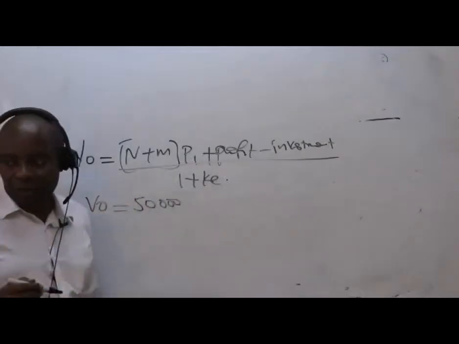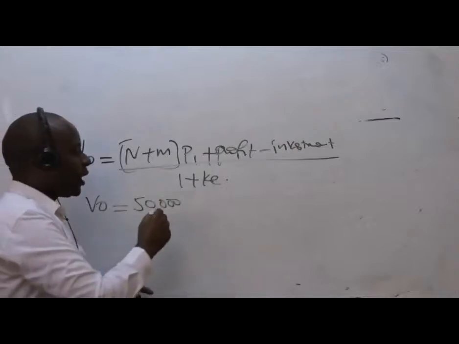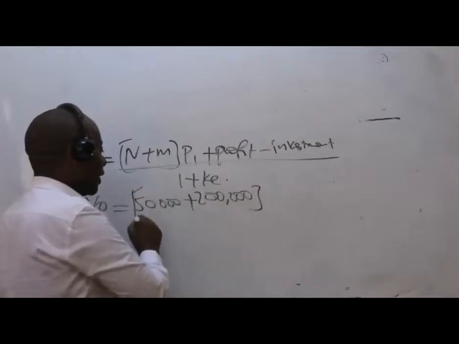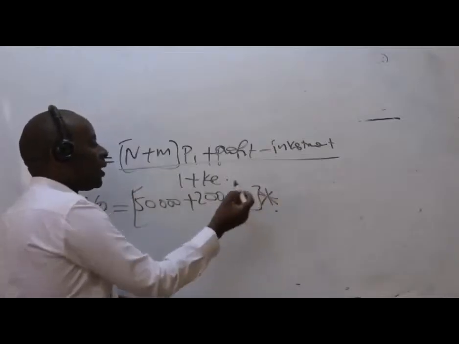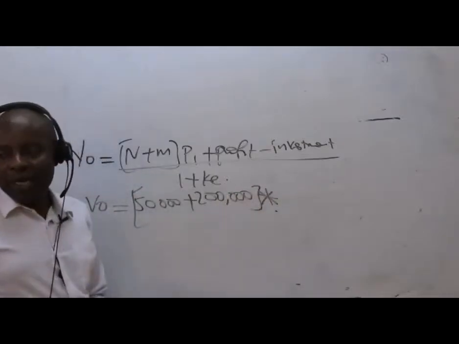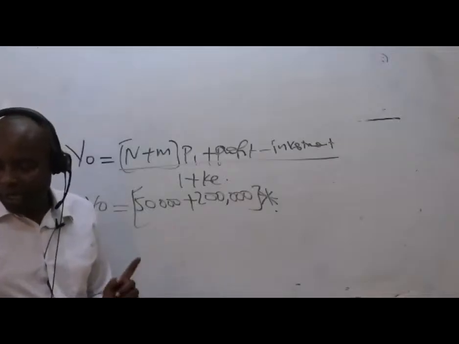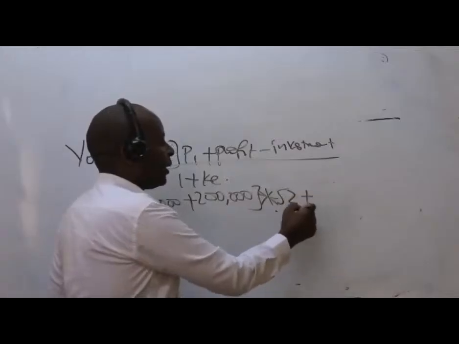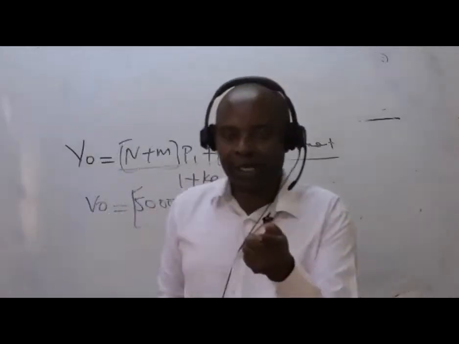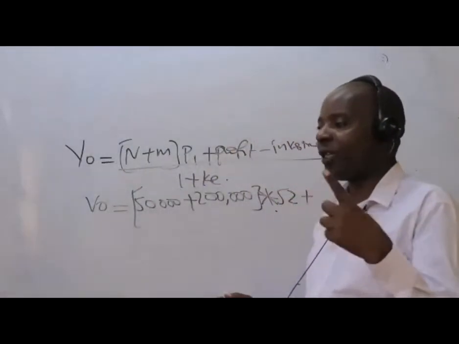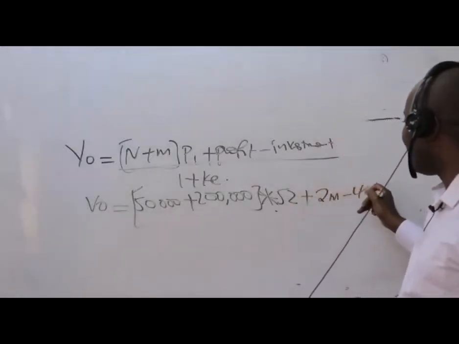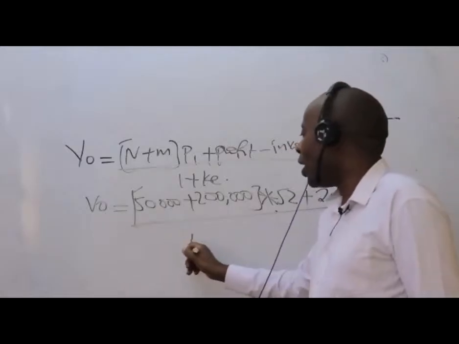Plus old shares, 200,000, times P1. P1, if my memory serves me well, is 52. Plus the profit we shall make as an organization this year. Of course, that profit doesn't keep on fluctuating. That profit is 2 million. Investments are 4 million. All over 1 plus 0.1.